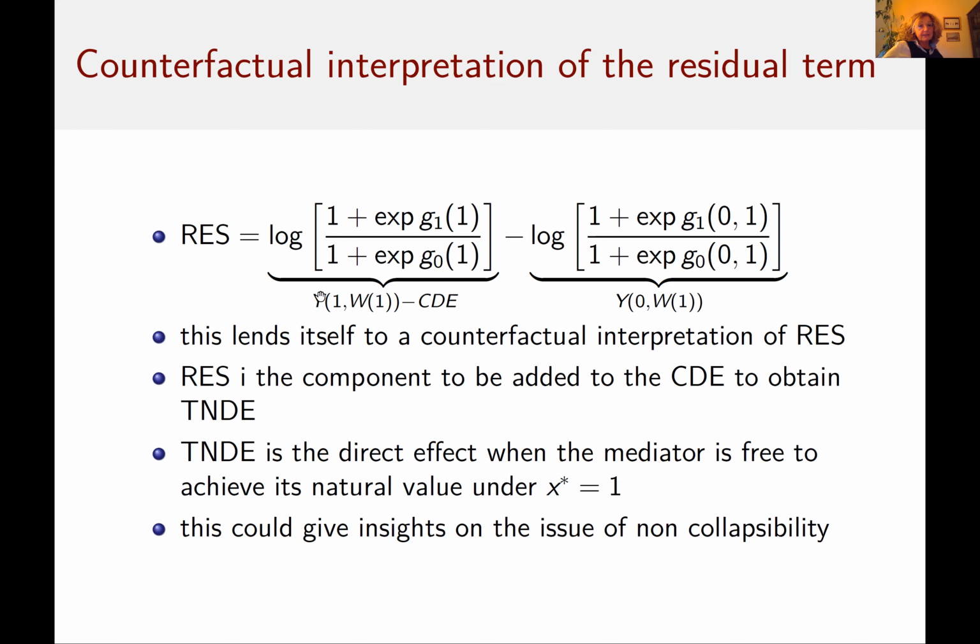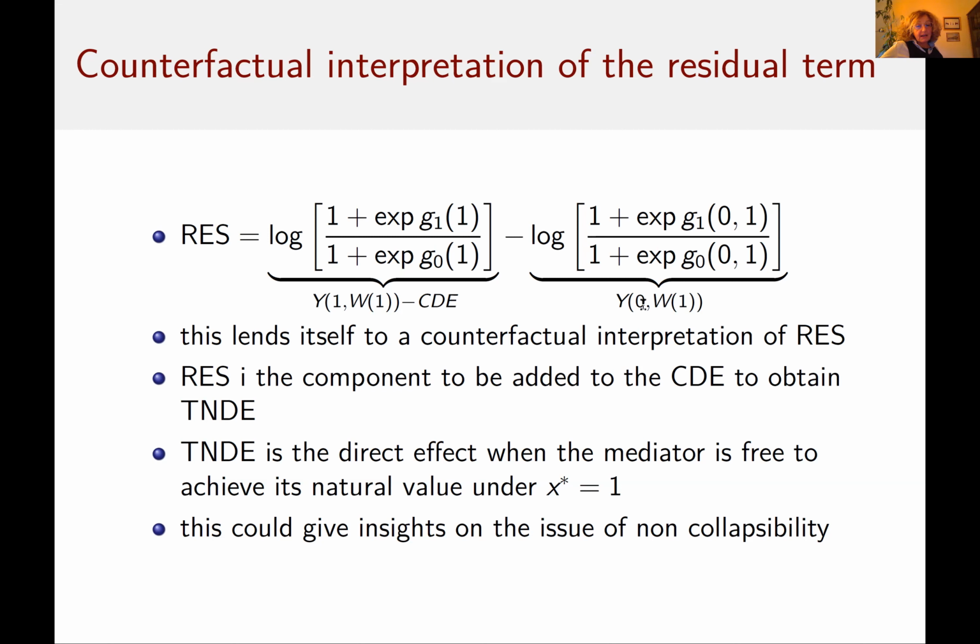So if you do that, and indeed, if you look at the expression, you see that this is actually the direct effect of the potential value of y when x is set to 1, on both the direct and through the mediator, minus the control direct effect, the beta x, let's say, what I call the direct effect in the path analysis context.